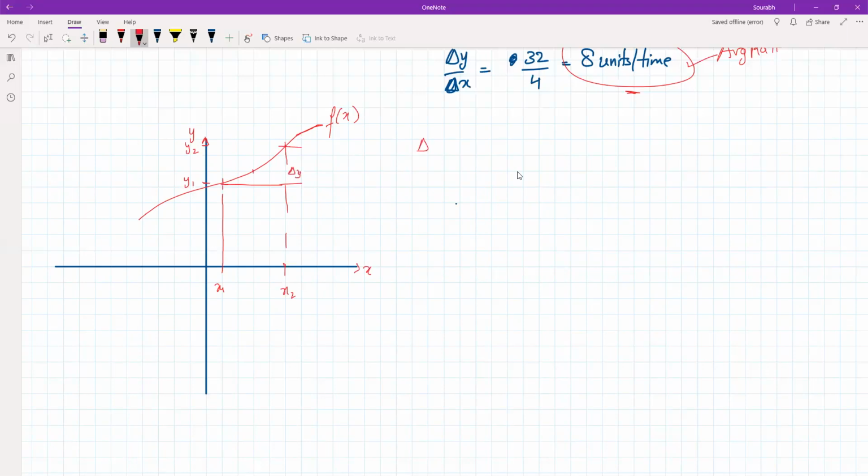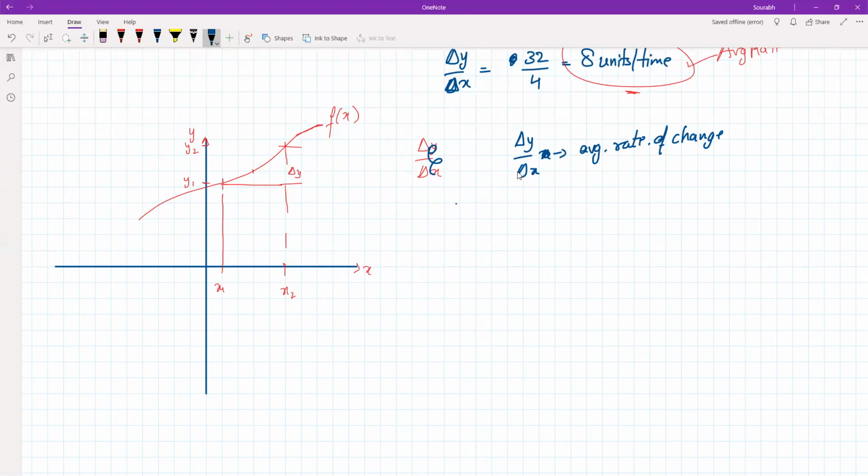So we say that delta y by delta x is our average rate of change. What we want is an instantaneous rate.